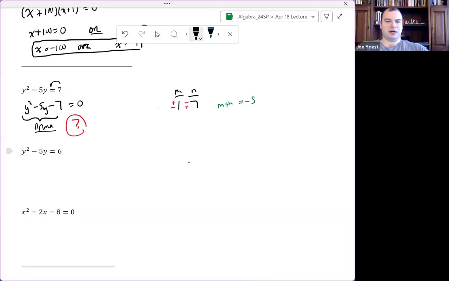What about a very similar looking problem, y squared minus 5y equals 6, or y squared minus 5y minus 6 equals 0? Are there two numbers that multiply to -6 and then add to -5? Yeah, I think that's -6 and +1.